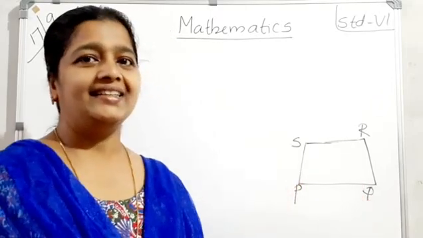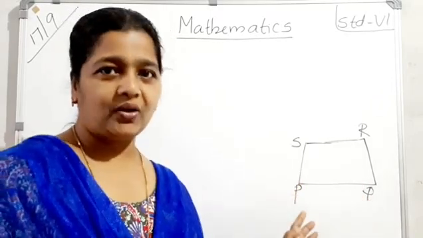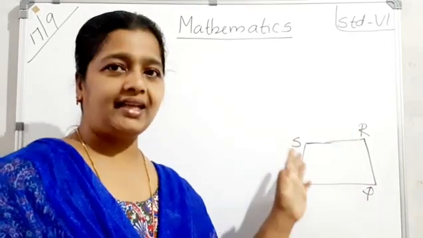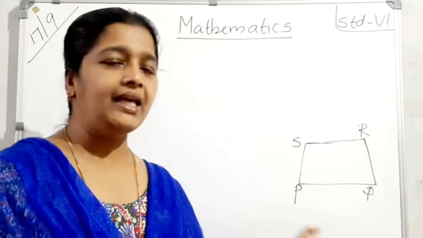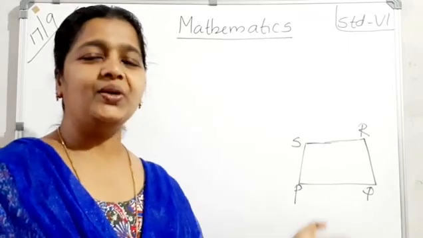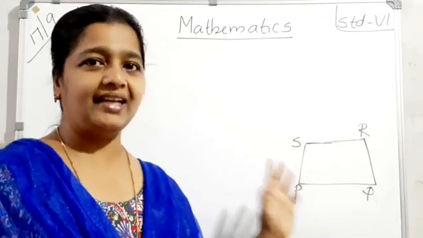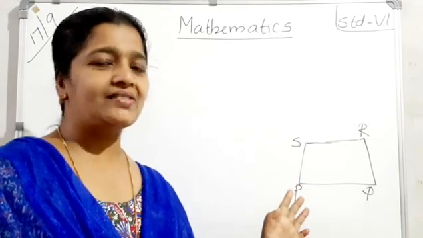Adjacent sides. Then say the vertices. P, Q, R and S are called vertices. Say the angles. We can simply say angle P, angle Q, angle R and angle S. Then adjacent vertices, what are they?